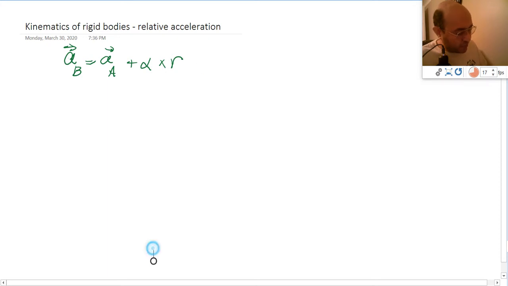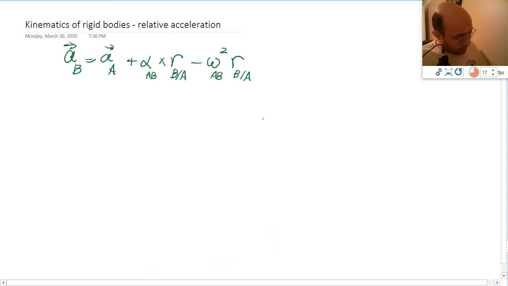AN, we're going to show it with minus omega square R. In this case, B, so this will be alpha of AB, R will be R of B with respect to A, and omega will be omega of AB, and R will be R of B with respect to A.